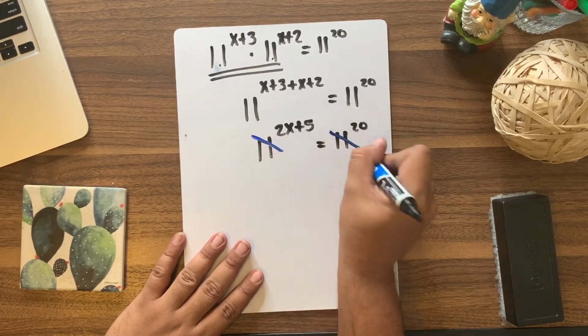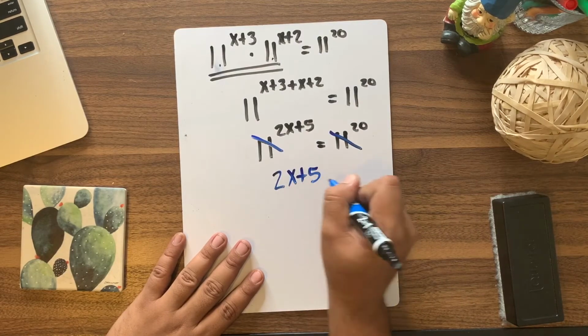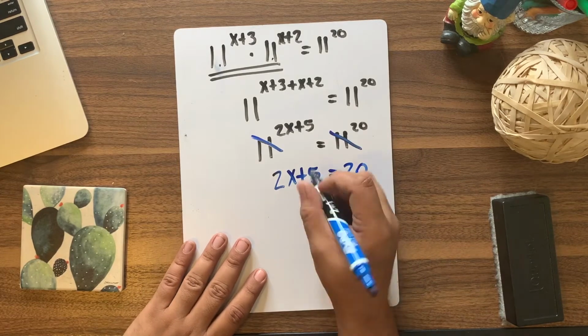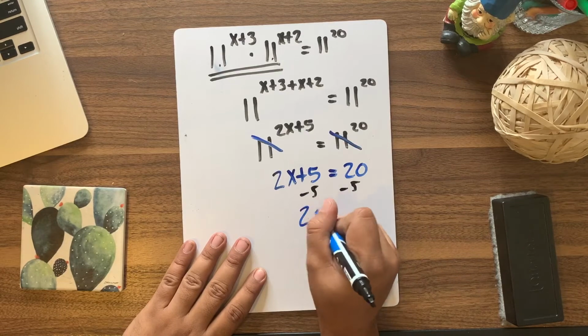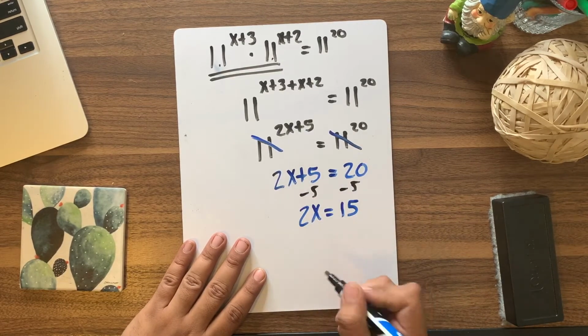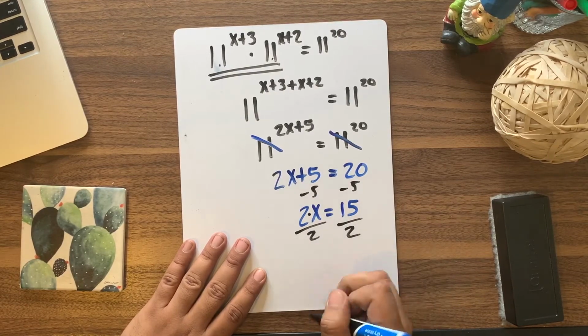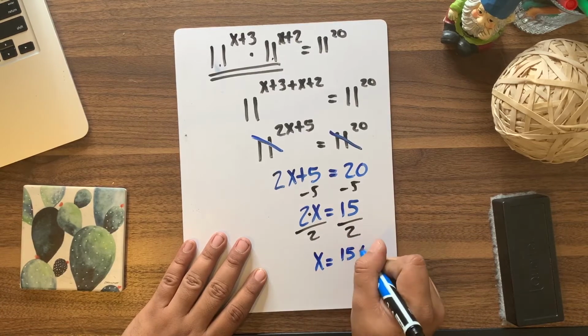They go away, and you end up with 2x plus 5 equals 20. Let's take away the 5, and you end up with 2x is equal to 15. This is multiplication, so we divide to get rid of the 2, and therefore x must be 15 over 2.